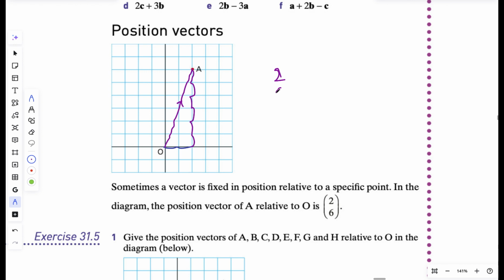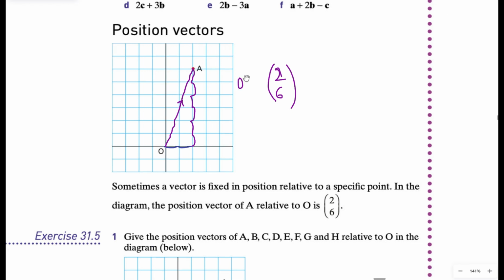We write 6 here. So this position vector is 2, 6. See, position vector OA. For position vector, we say OA because it starts from origin. Because it starts from origin, we always say OA. Position vector OA is equal to 2, 6.